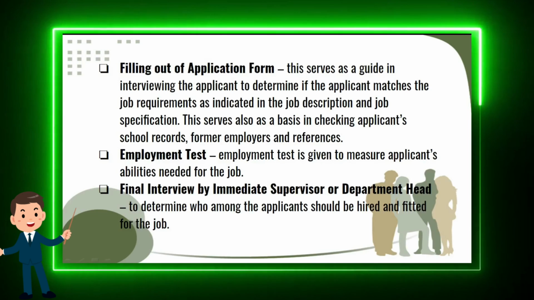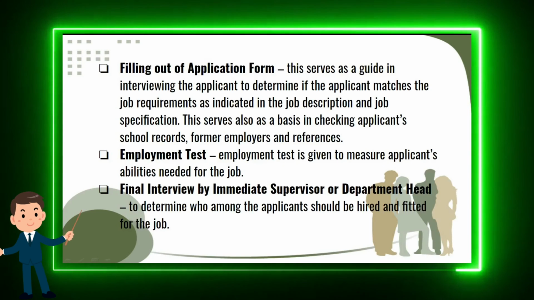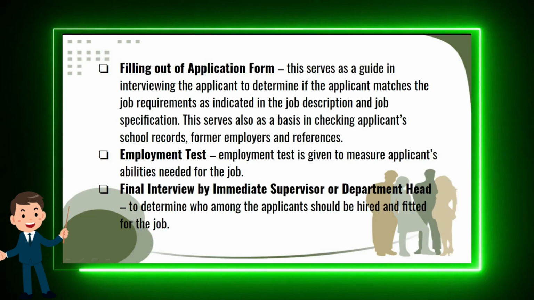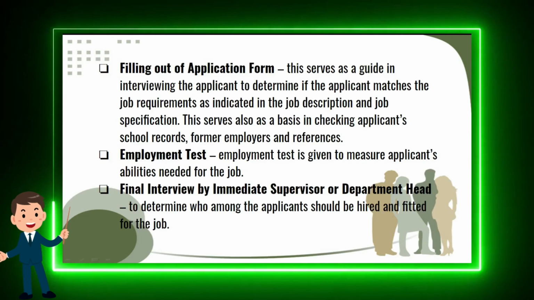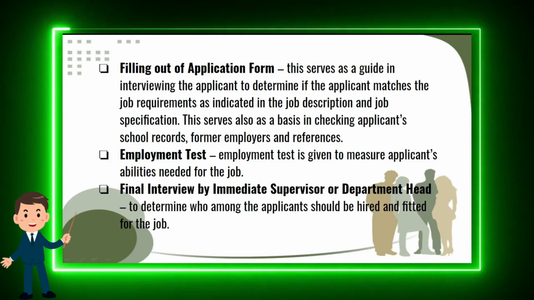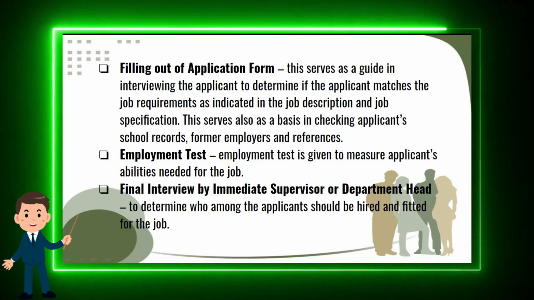Then the next one is the employment test, which is given to measure the applicants' abilities needed for the job. Then the next one is the final interview by the immediate supervisor or department head, to determine who among the applicants should be hired and fitted for the job.